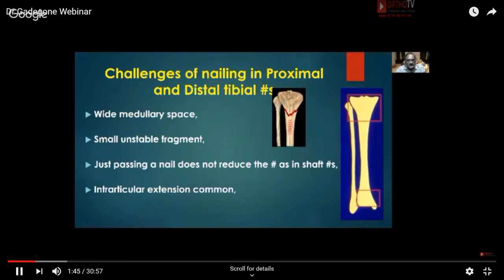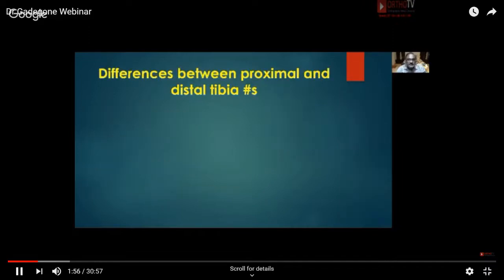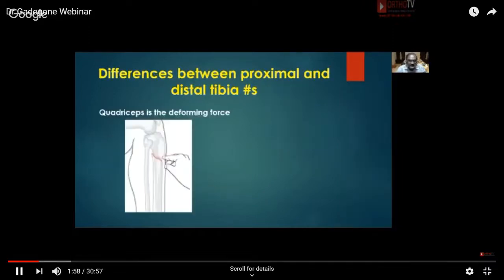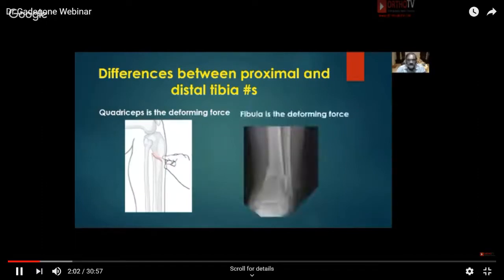Just passing a nail does not reduce the fracture as in a shaft fracture, and often it is associated with intra-articular extensions. Differences between the proximal and distal tibia: in the proximal tibia the quadriceps is the deforming force, whereas in the distal tibia, the fibula is the deforming force.